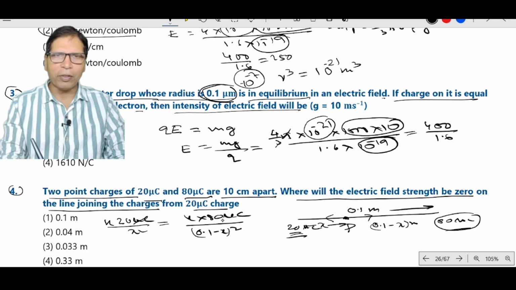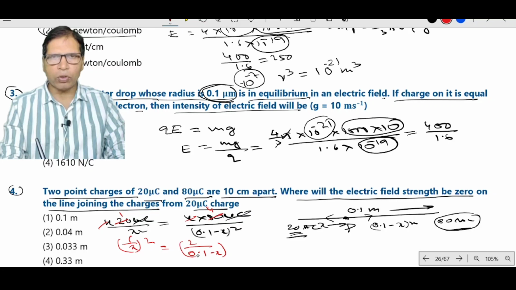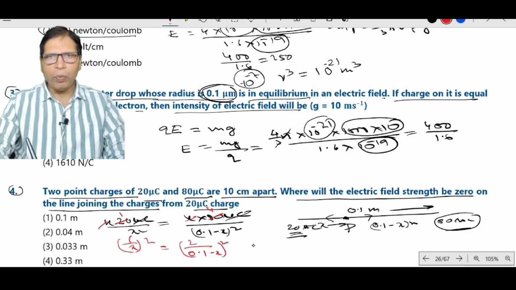Look at this, microcoulomb cancels out. K cancels out. 20 to 1, 21 and 80 is 4. Therefore, 1 by x whole squared equals 2 by (0.1 minus x) whole squared. Therefore, look at this here, 1 by x equals 2 by (0.1 minus x).